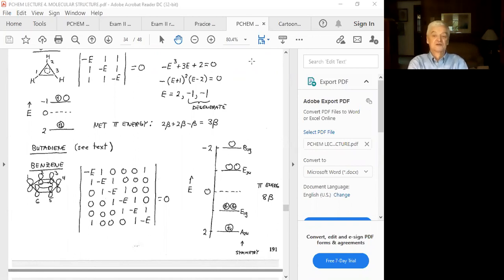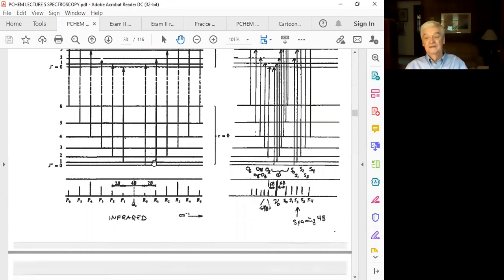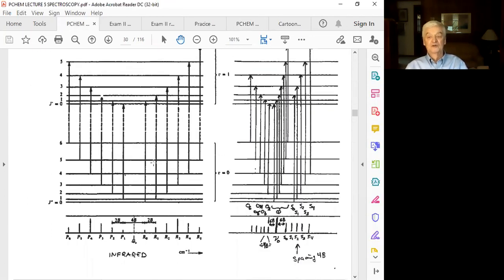The answer would be false. So these orbitals are at an energy of 1 beta unit. This orbital that you all learn about in organic chemistry has 2 beta units. So any page that you pick, there can be a true and false question.